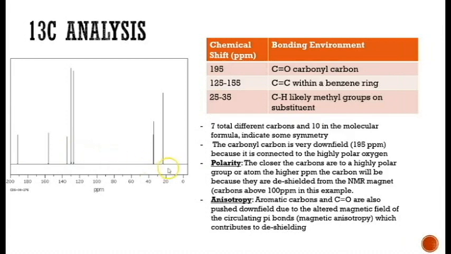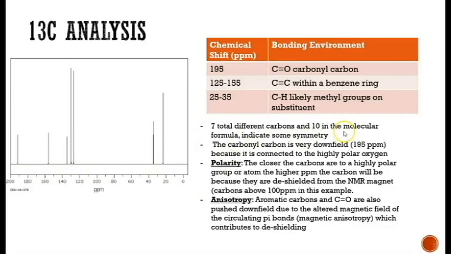And then all the way over here, we can see at the 25 to 35 is CH groups, likely methyl groups on the substituent. So we were thinking that there was a substituent, that's probably those, and then the carbonyl carbon, and then some double bonding within the ring.